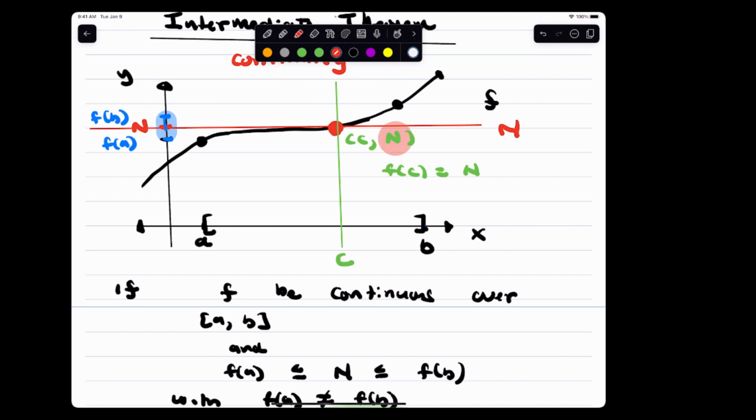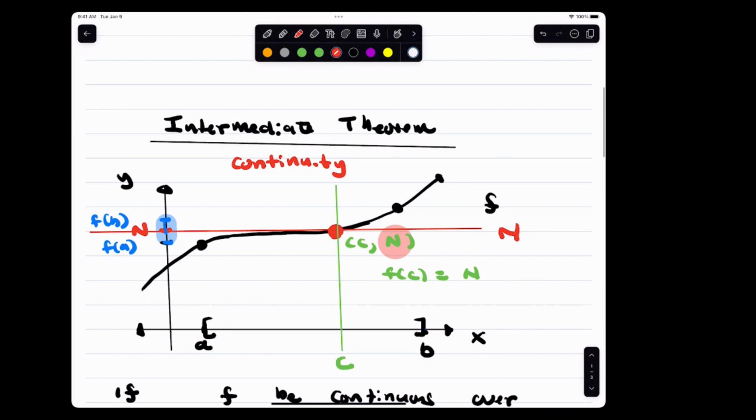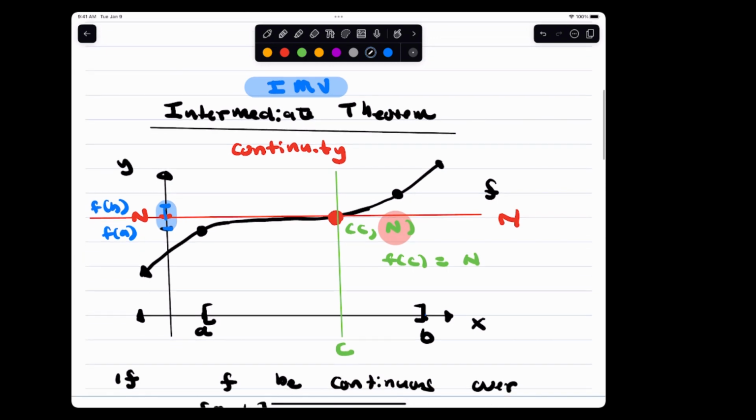Now that's it. That's all. This is the very famous intermediate value theorem. I like to abbreviate it IVT, intermediate value theorem. And it's based on, you got to have a continuous function. So it's an application of a continuous function.